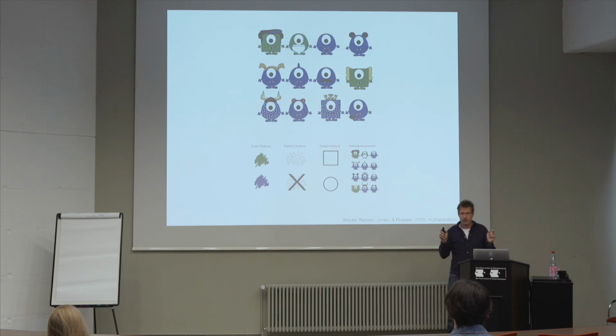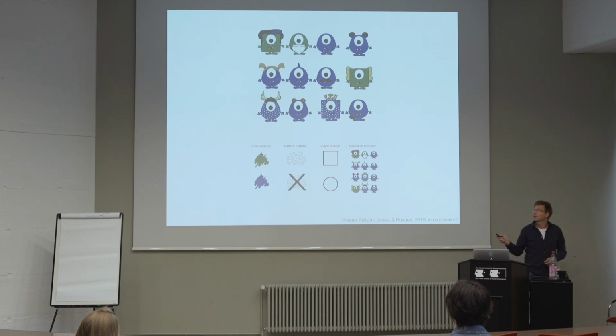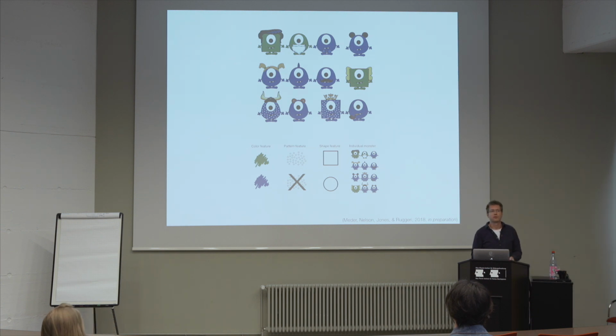Good, so maybe we can do a quick poll, because I would be curious to hear about your intuitions. We finalized the study, and I'm almost done with writing up the paper. So in this kind of task, what would be the first question that you would ask if your goal is to ask as few questions as possible? Who thinks that the color feature is the best first question?